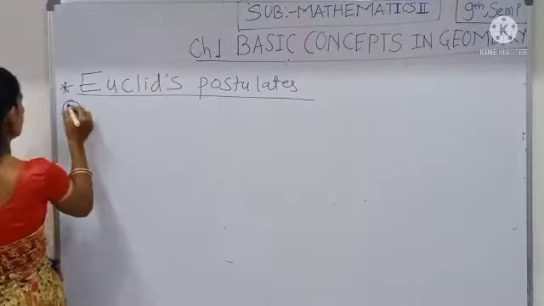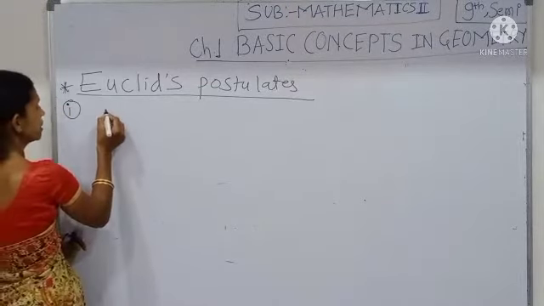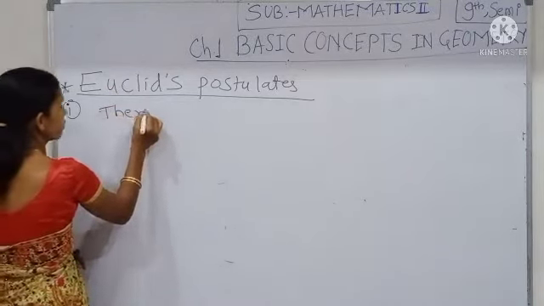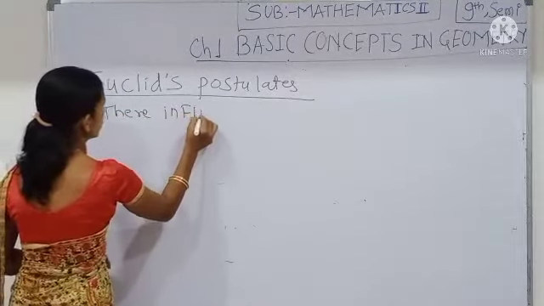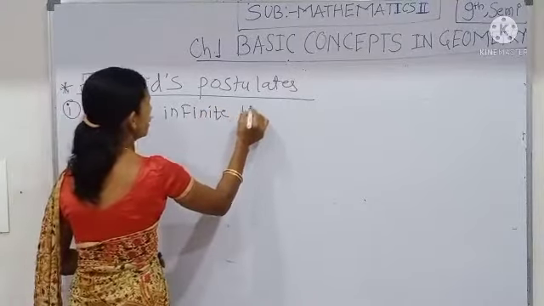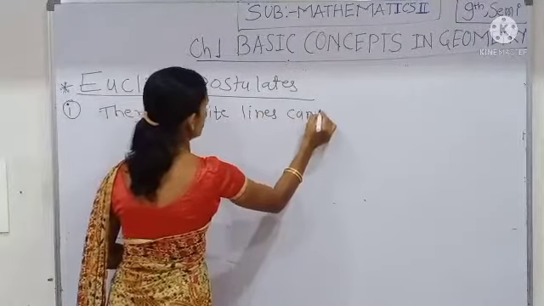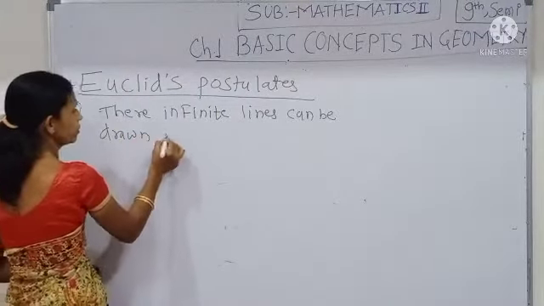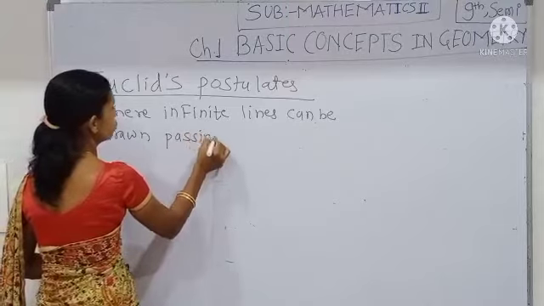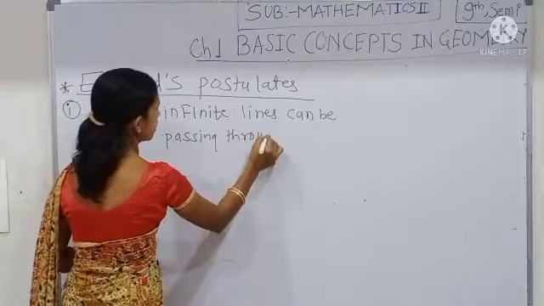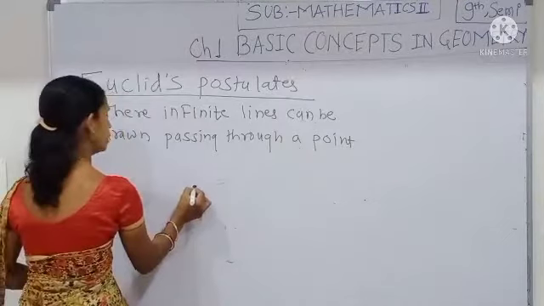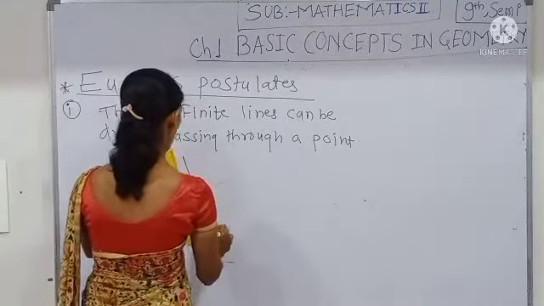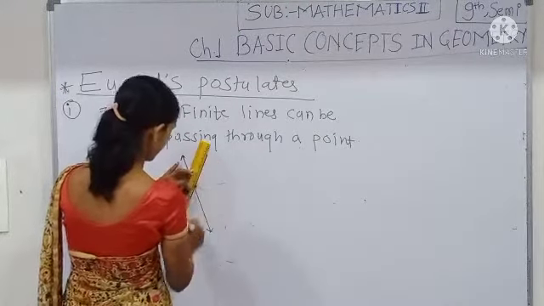The first postulate: infinite lines can be drawn passing through a single point. If there is only one point, then we can draw infinite lines passing through it.